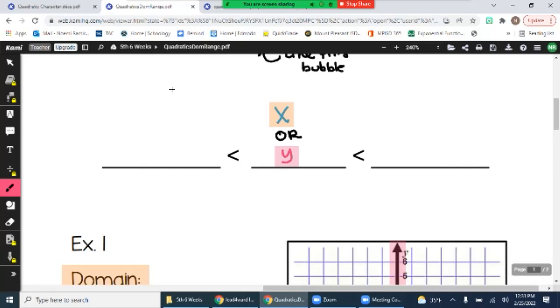We write our numbers from what to what? Least to greatest. So in this case, we're thinking minimum to maximum point. Minimum means your low number to your high number.